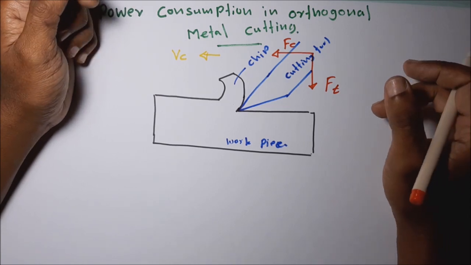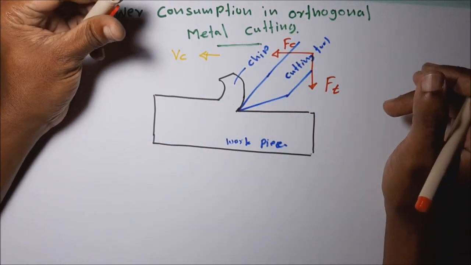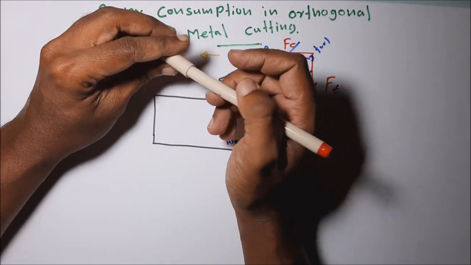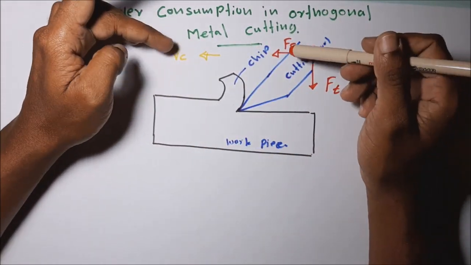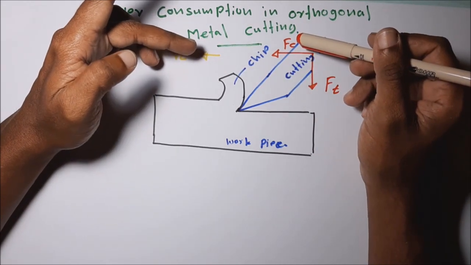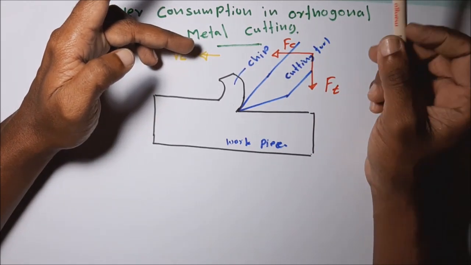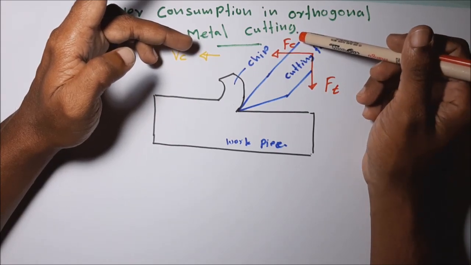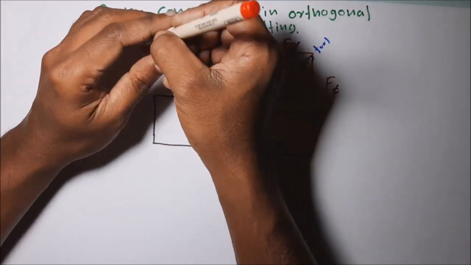Then you can see in this diagram, the tool is moving only in this direction. So only this component of the force is doing the work. So what is the work?